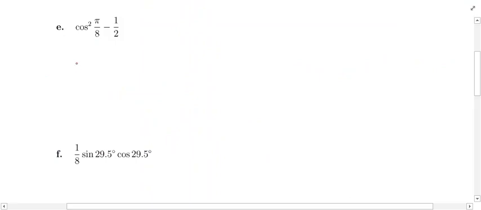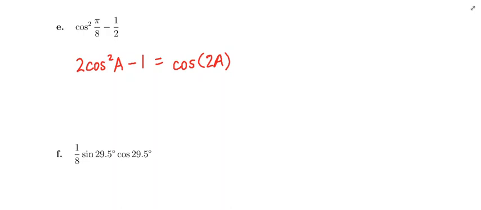Turning to our work, I'm going to write down the double angle formula. So we have that 2 times the cosine squared of A minus 1 is equal to the cosine of 2A. This is the double angle formula that we're using here.